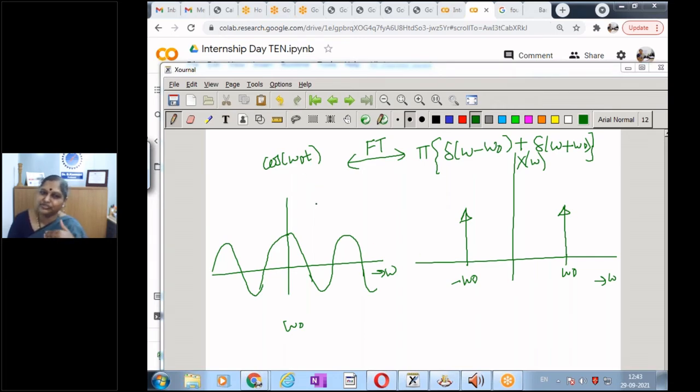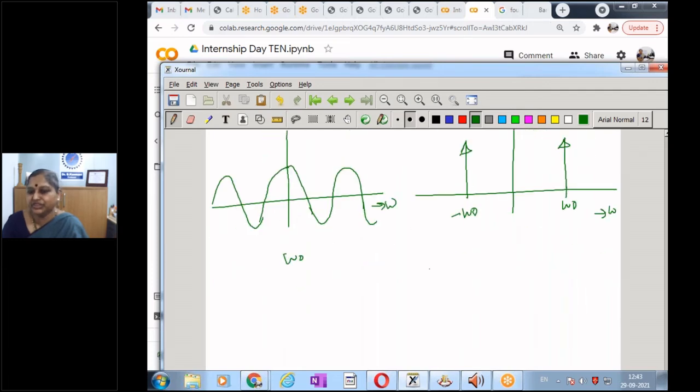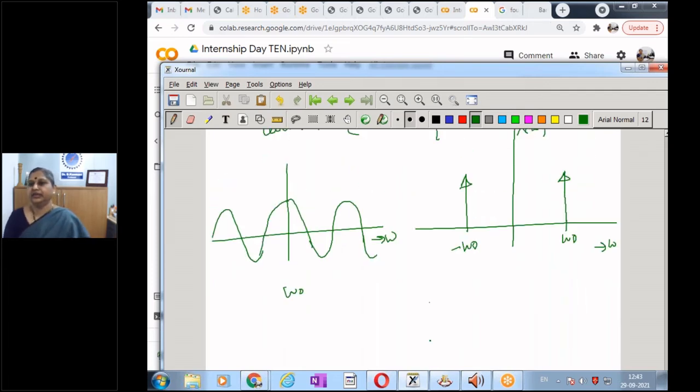The next question that most of you may have: for cos omega naught t, why are we getting plus omega naught and minus omega naught? What is the significance of minus omega naught? Anyone want to guess? Let me tell you that only positive frequencies have physical significance.